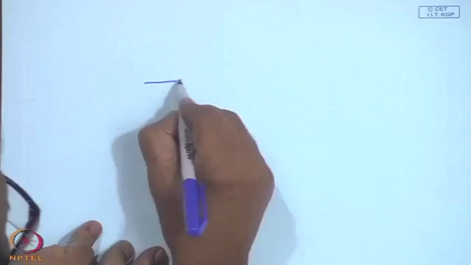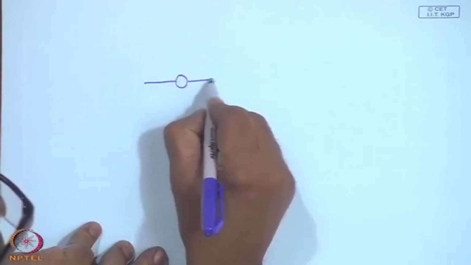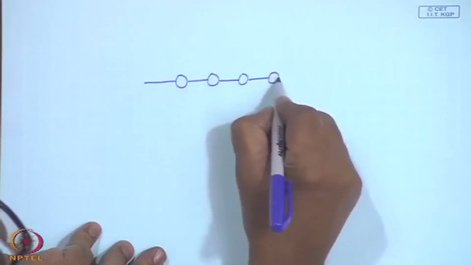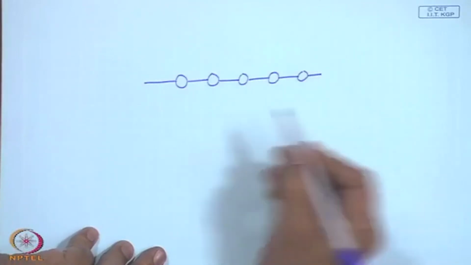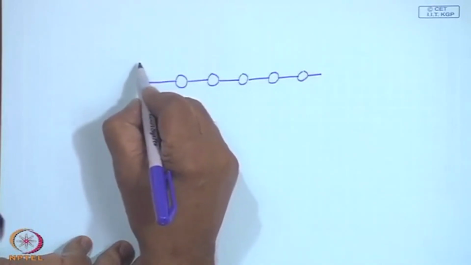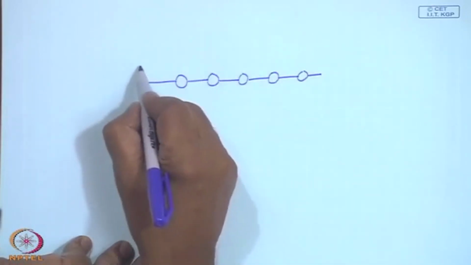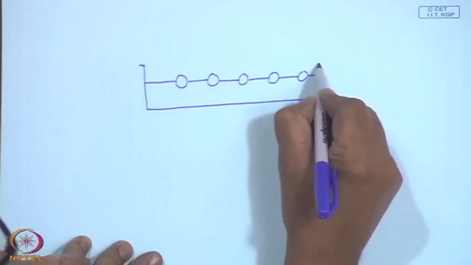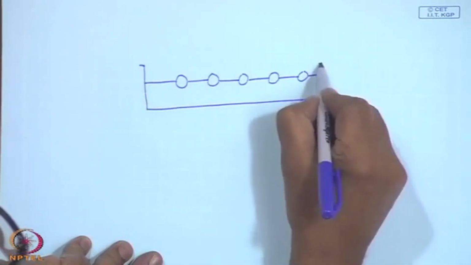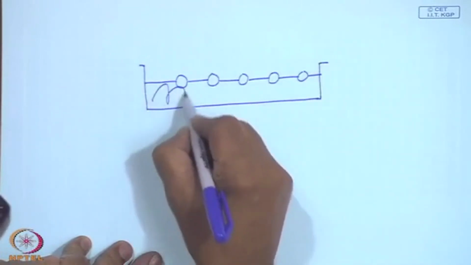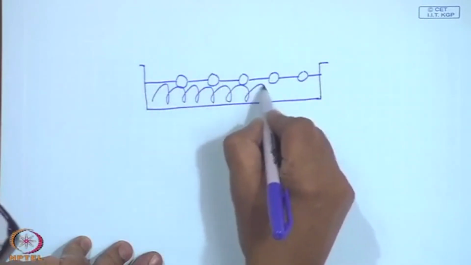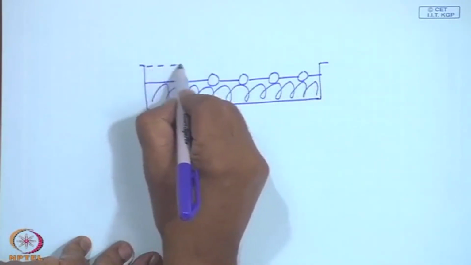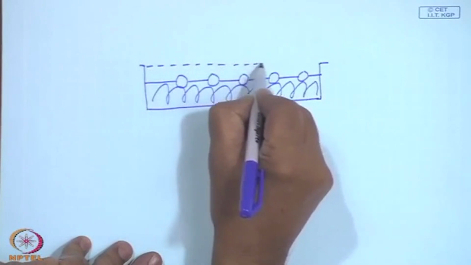So, you may have a fin, a tube, a fin, another tube like this with certain spacing. This is kept in a box, and the bottom of which is insulated, and there is glass cover.